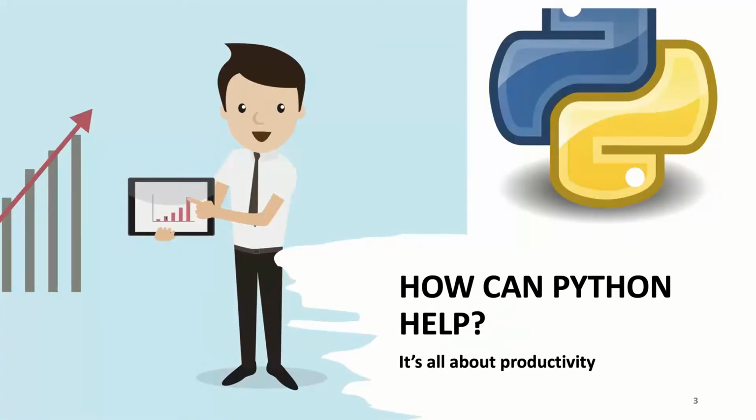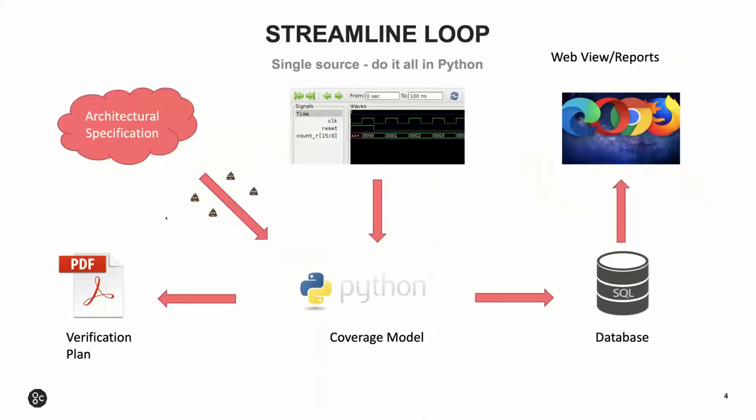We're just looking to improve our productivity in this entire flow, and the reason we've chosen Python to do that is because it's really expressive. There's loads of support on the internet, a very vibrant community, and it's very easy to interface with loads of different things. So let's see how we can streamline that loop. We start from our architectural specification here. That feeds into our Python.